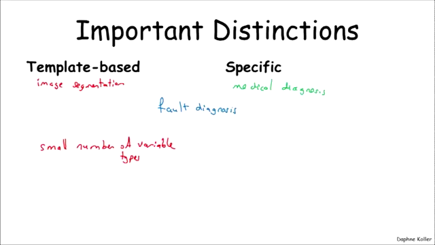Nevertheless, we managed to construct very richly expressive models because of interesting interactions between multiple class labels for different pixels in the image. But it's a very small number of variable types, and most of the effort goes into figuring out things like which features are most predictive. So it's really a lot about feature engineering, as opposed to complicated model design. Not always, certainly not entirely, but the features turn out to play a very big role.